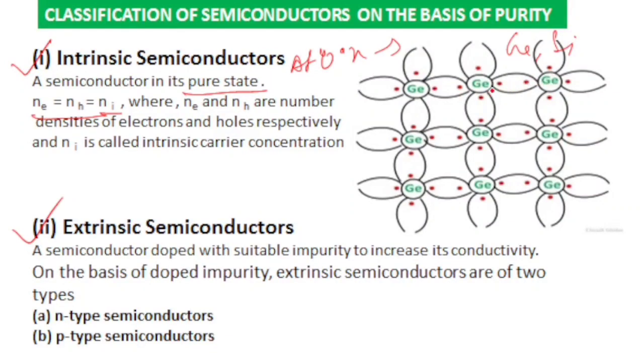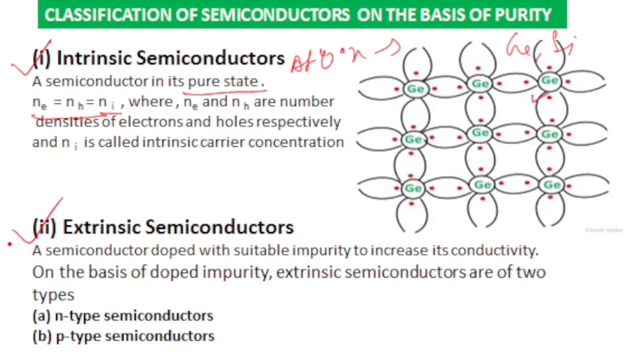For example, germanium has 4 electrons in the outermost shell. These are covalently bonded with the neighboring 4 germanium atoms. In this way, in case of an intrinsic semiconductor, all are covalently bonded with each other. Hence, it has 0 conductivity at 0 degree Kelvin. But when we increase the temperature, these bonds break and conductivity increases.